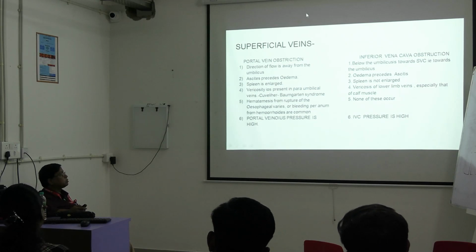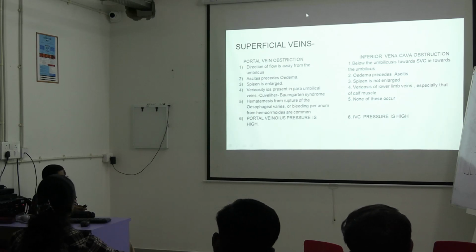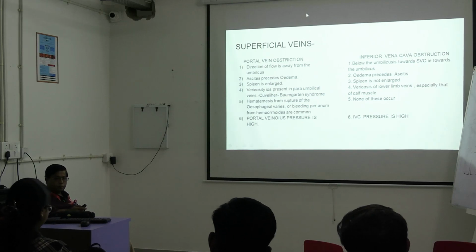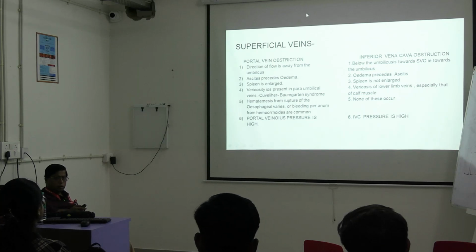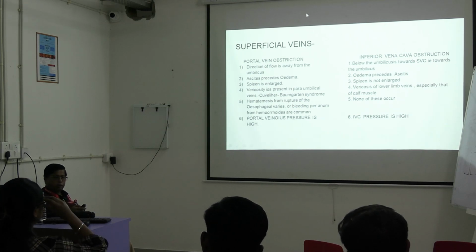This is important because we are coming to the discussion of where you can see abdominal venous engorgement, not only in portal hypertension but also in inferior vena cava obstruction. If there is any inferior vena cava obstruction, the abdominal veins normally drain through the iliac veins into the inferior vena cava.